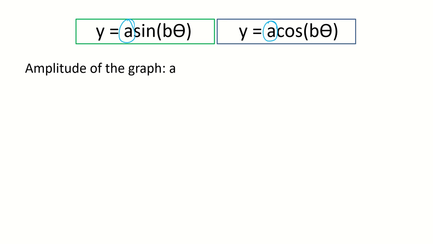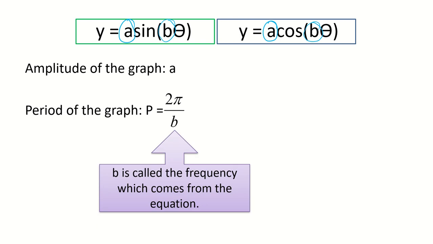The period of a graph doesn't come directly from the equation, but to find the period, we do 2 pi over b. So b is the value here and here. B has a special name called frequency, and that means how many circles show up in a 2 pi span. So far, our frequencies have been 1 because we've been doing 1 circle in a 2 pi span. So in order to find the period, we do 2 pi divided by b, which is the frequency.